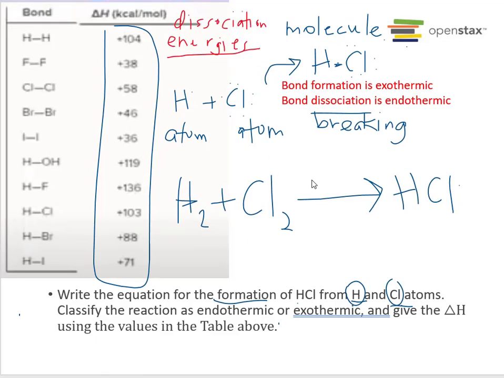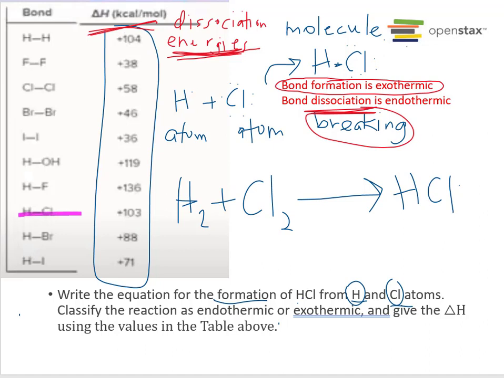So after backing it up, we have our hydrogen atom, our chlorine atom. They are forming an HCl. So again, we need to look at this and go, oh, it's forming, it's exothermic, it's releasing energy. And while this chart that we're using here is for dissociation energy, so this is showing us bond breaking energies, remember, those values are the same quantity, it's just a flip sign.